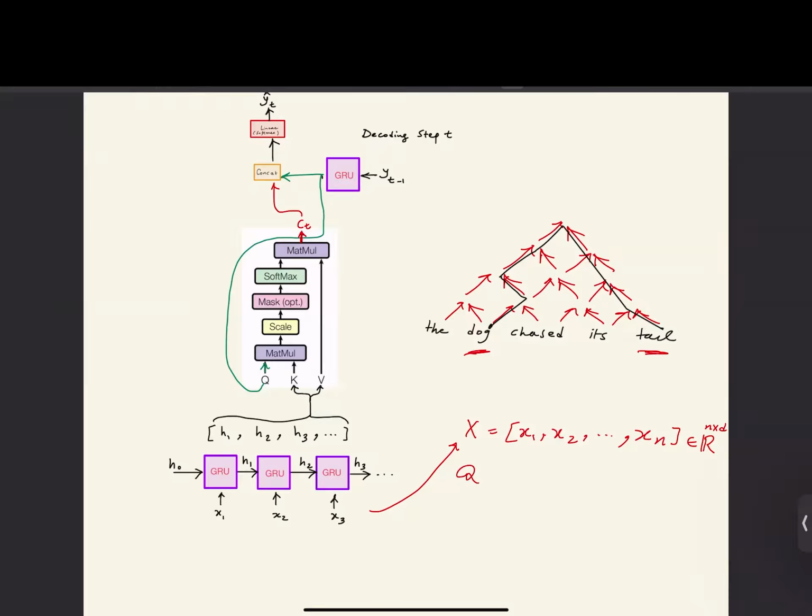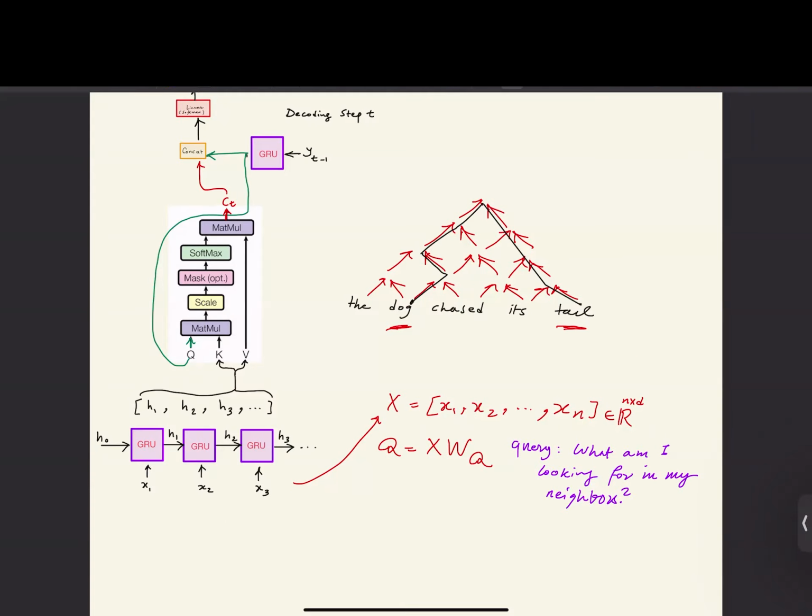What I mean is basically Q is X W_Q, and each X is asking, what am I looking for in my neighbors? So X2 here looks at all of the neighbors, and it's basically trying to see if there is a neighbor or neighbors that can improve its representation and add more context to it.